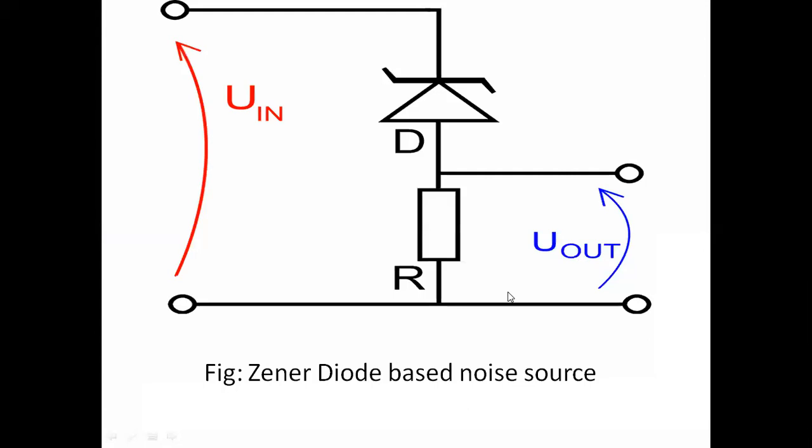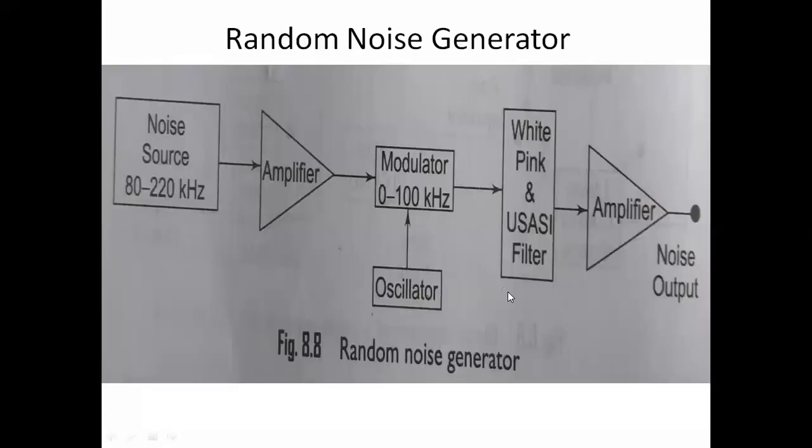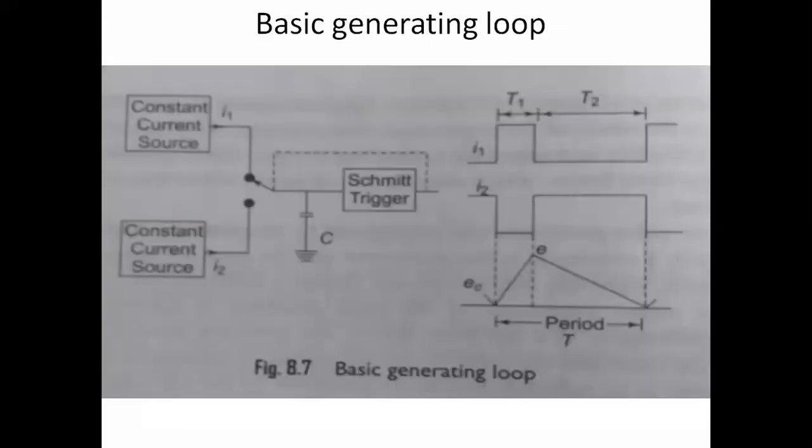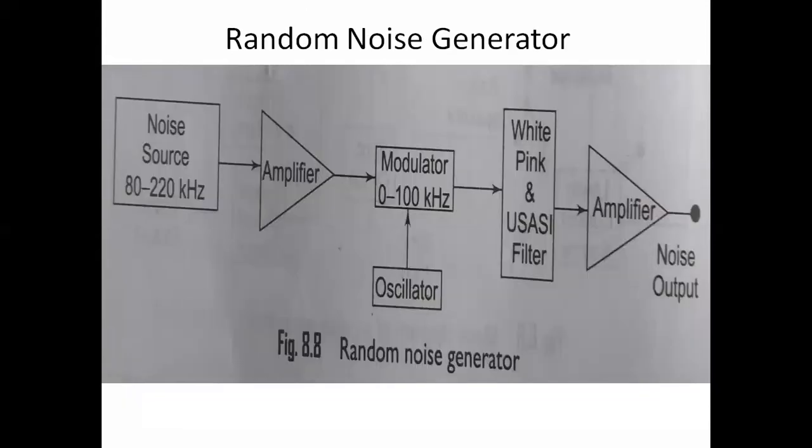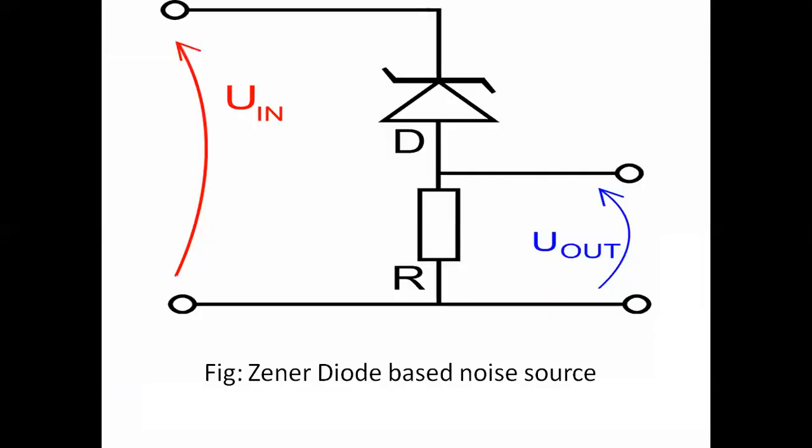In the previous slide we saw that the noise source produces a frequency range of 80 to 220 kilohertz, and with that frequency it produces a noise signal. So what is the basic noise source we will consider? This is one of the noise sources, a diode connected in reverse bias.